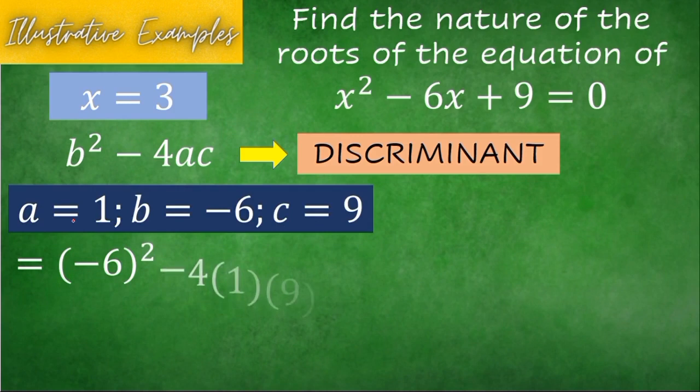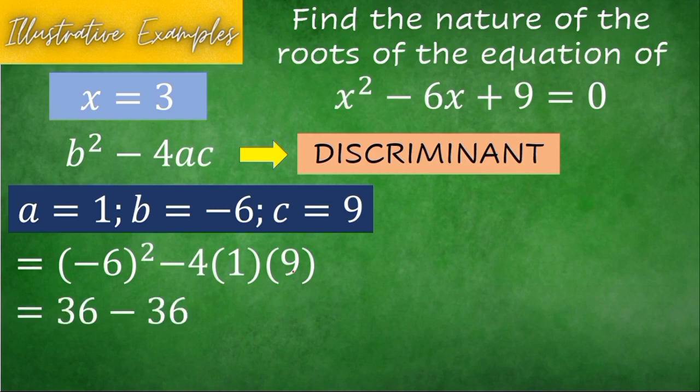Substitute. b is negative 6 squared minus 4 times 1 times the value of c, which is 9. 36 minus 36 is equal to 0. So, the value of the discriminant is 0. We can say that 0 is equal to 0.